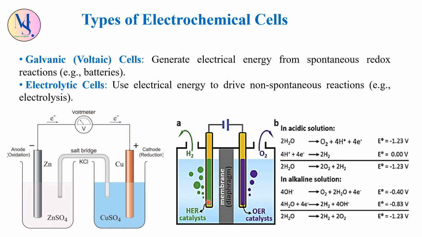As a result of this HER and OER, two products are formed, that is hydrogen, which may be used as a fuel for fuel cell, and oxygen, which may be used for different purposes.